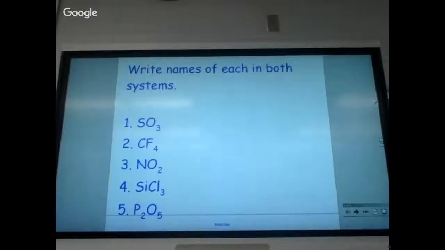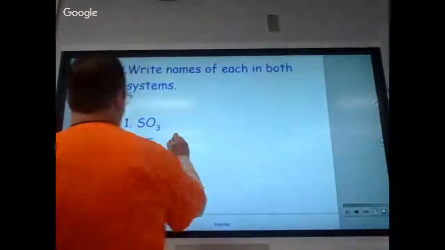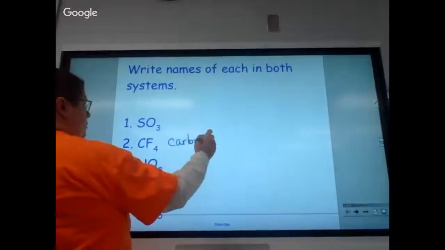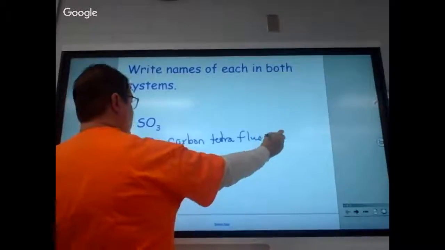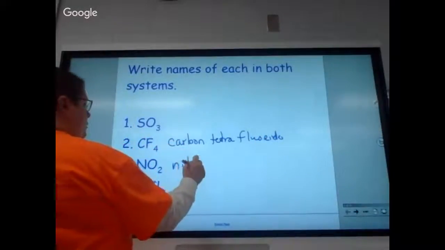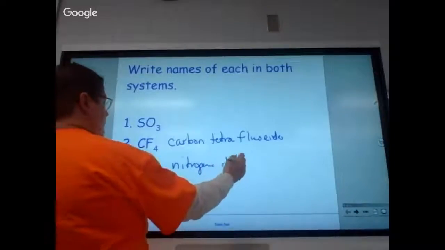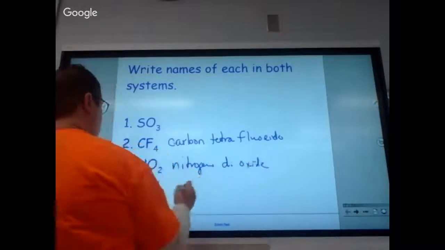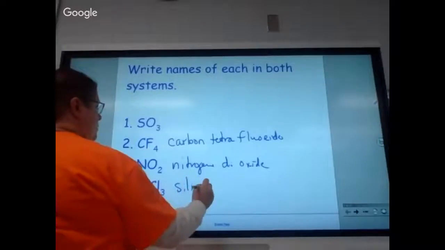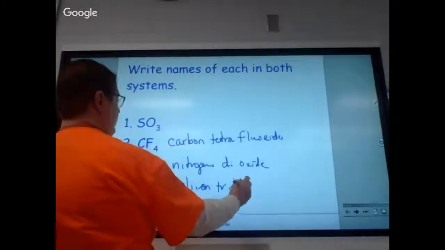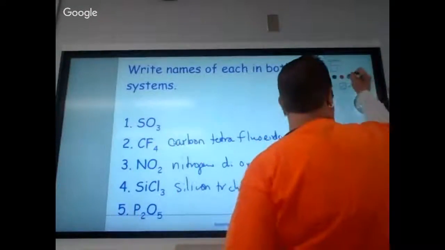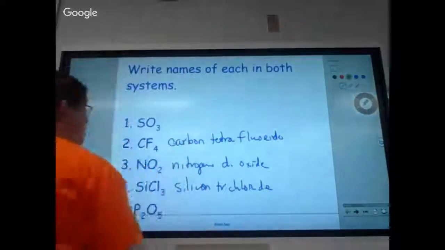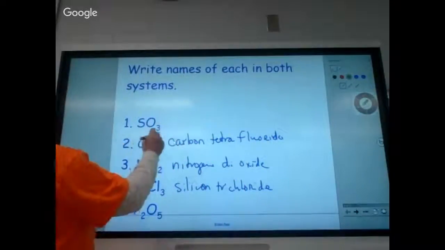All right, so in number 2, old system: carbon tetrafluoride, nitrogen dioxide, silicon trifluoride. Okay, now to do stock, we need oxidation numbers. We need to know if they've been reduced. Was number 2 reduced? No. It had a 1.